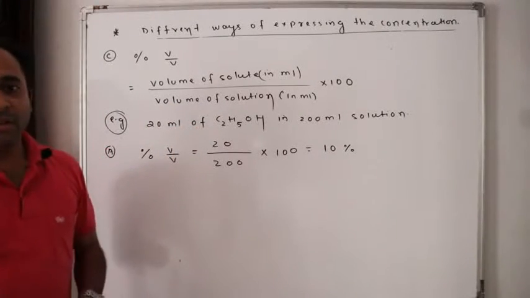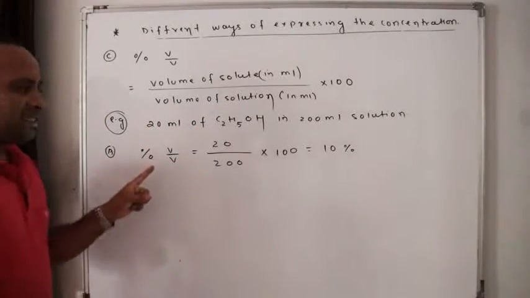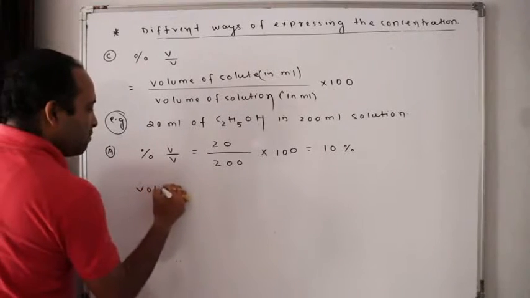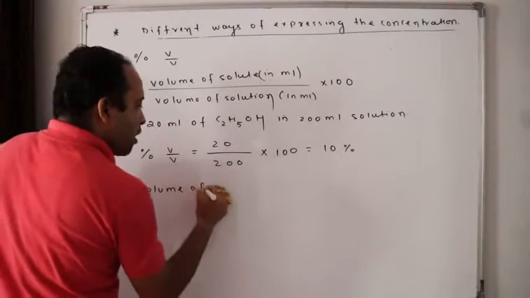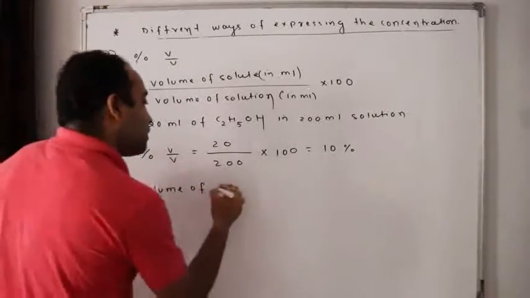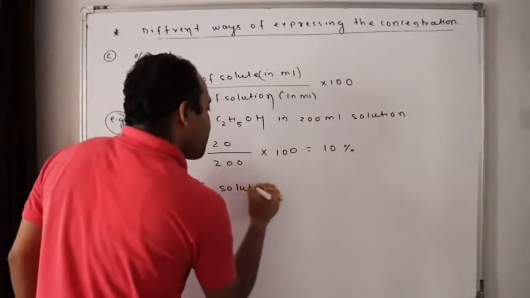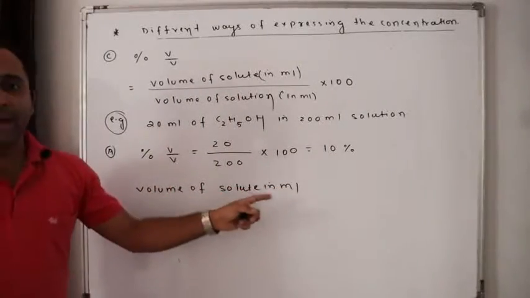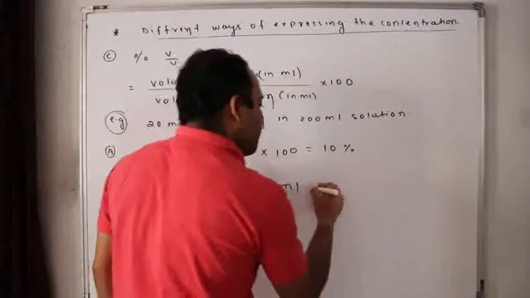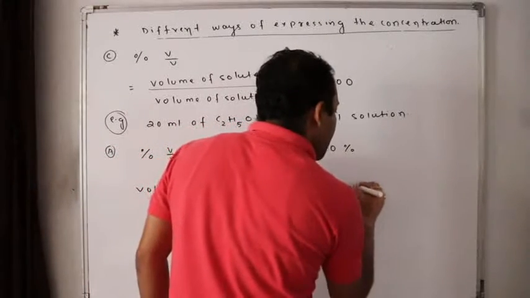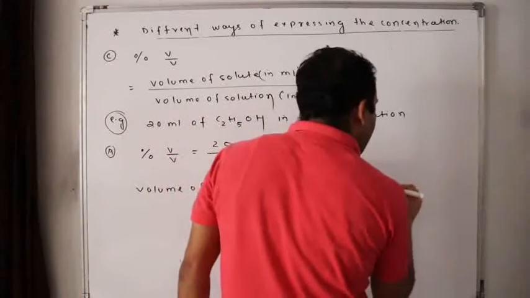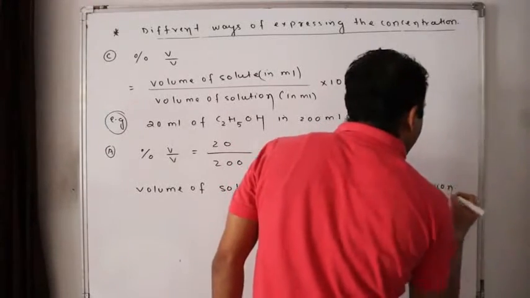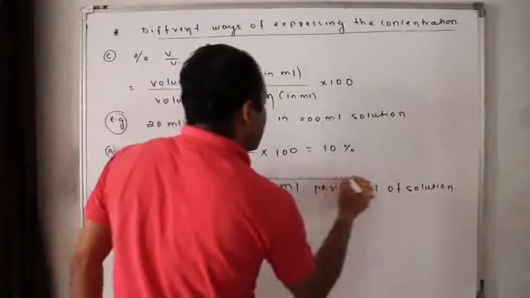You can interconvert it. If you get 10%, you can go back to calculate the volume by volume. So can I write this in this manner? Volume of solute in ml per 100 ml of solution.